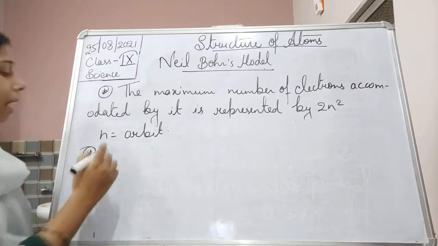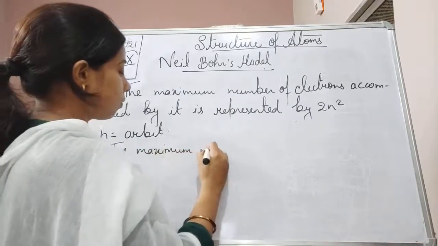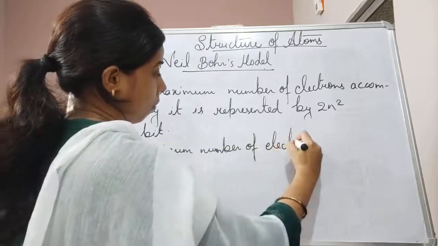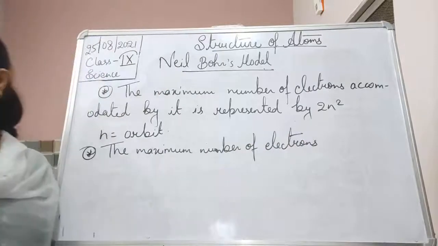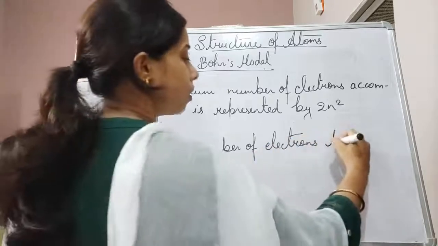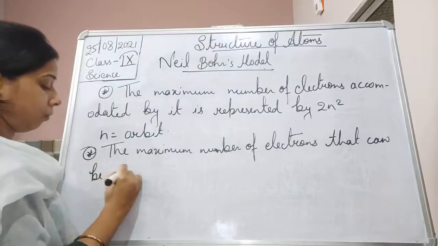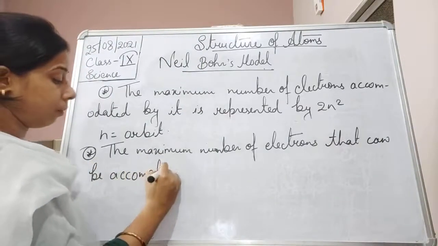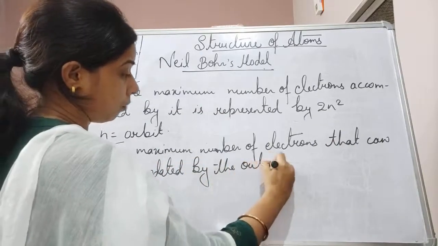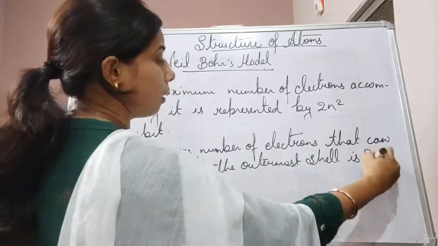So the maximum number of electrons that can be accommodated by the outermost shell is 8.